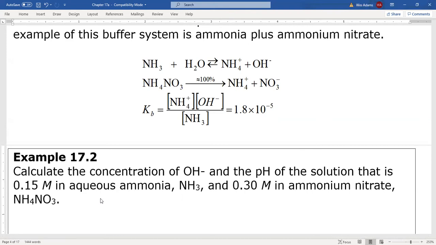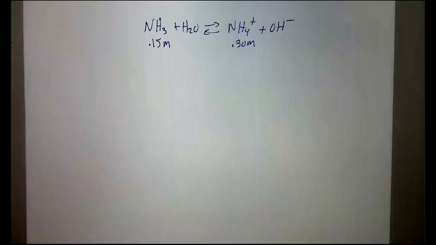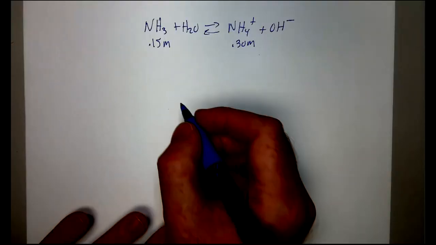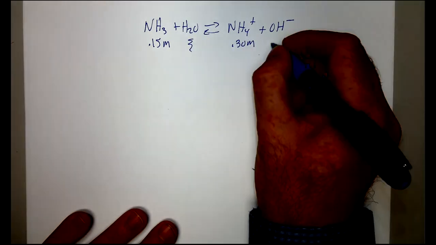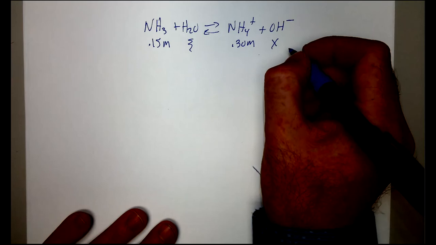The ammonia is 0.15 molar and we're 0.3 molar in ammonium nitrate, and we want to get the concentration of the hydroxide and the pH again. But this is a base problem, so you have to be a little more careful. I've copied the information over. We're not going to worry about water in an aqueous solution, but we'll give the hydroxide an X like we did in the previous problem.